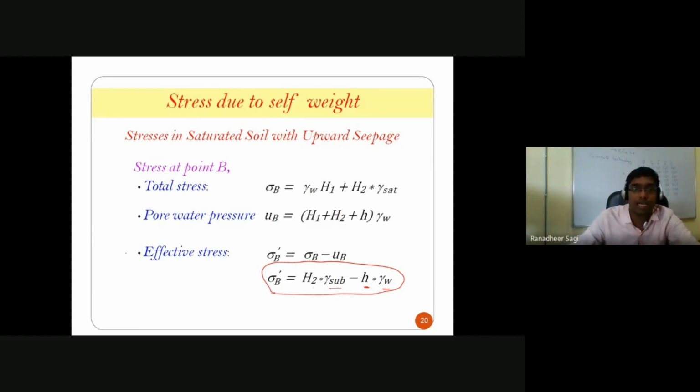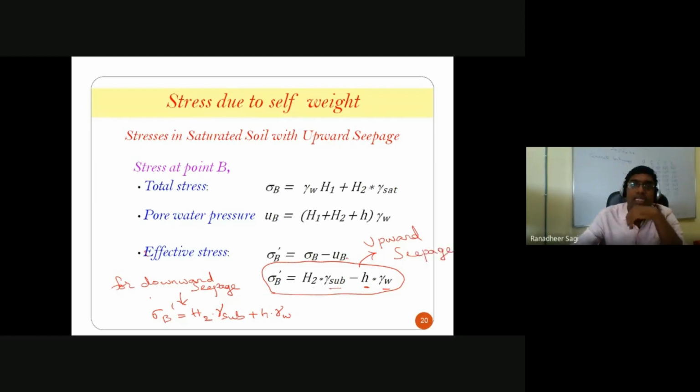So for the downward seepage case, the effective stress at point B that we had was H2 into gamma submerged plus small h into gamma W. But in the case of upward seepage, what I can understand is that the effective stress developed at point B is decreasing.